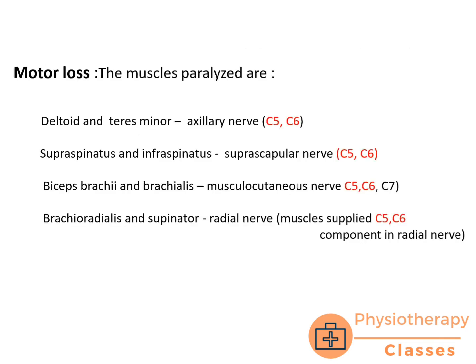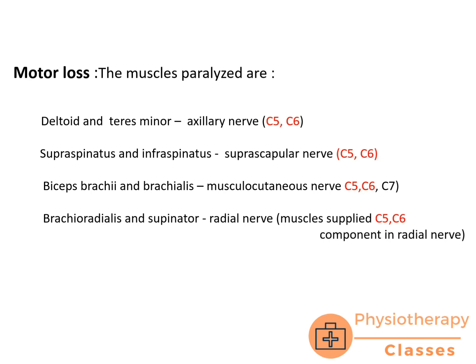So which muscles are paralyzed in Erb's paralysis? It is very obvious that the upper trunk is formed by ventral rami of C5 and C6 spinal nerves. So the muscles that are innervated by C5 and C6 spinal nerves via the brachial plexus will be paralyzed. There are four nerves carrying nerve fibers from C5 and C6 spinal nerves.